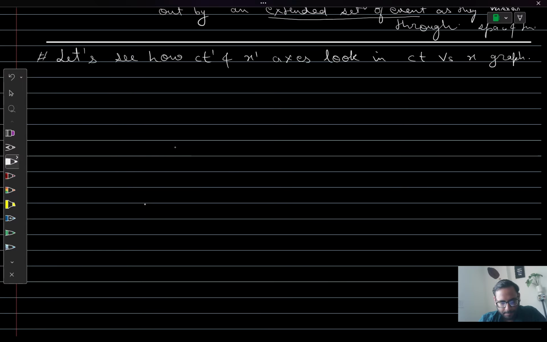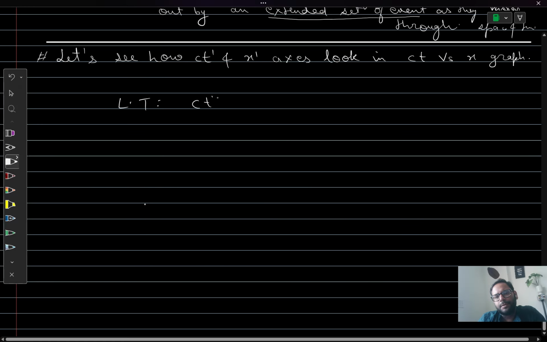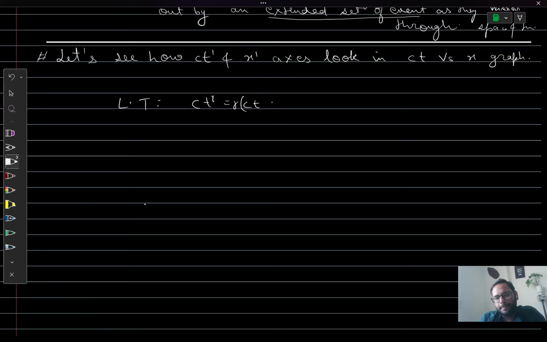So from Lorentz transformations we know this is gamma (ct prime minus beta x), right? And x prime is equal to gamma (x minus beta ct). So now you understand why I'm taking ct prime and ct: I want to consider ct as a coordinate.